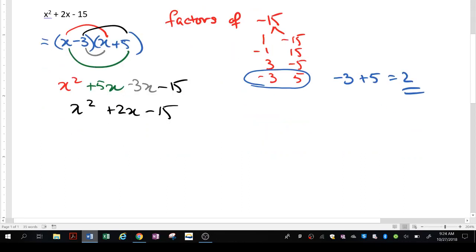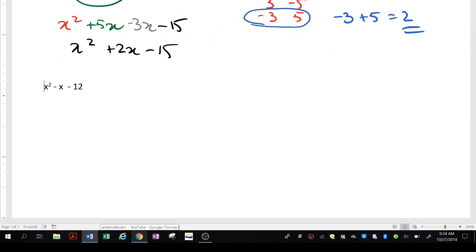So yes, indeed, that is the factorization of that trinomial. Let's look at another example. In this example, we have x squared minus x minus 12. So now both c and b are negative. Let's make some more room here, and look at the factors of negative 12.